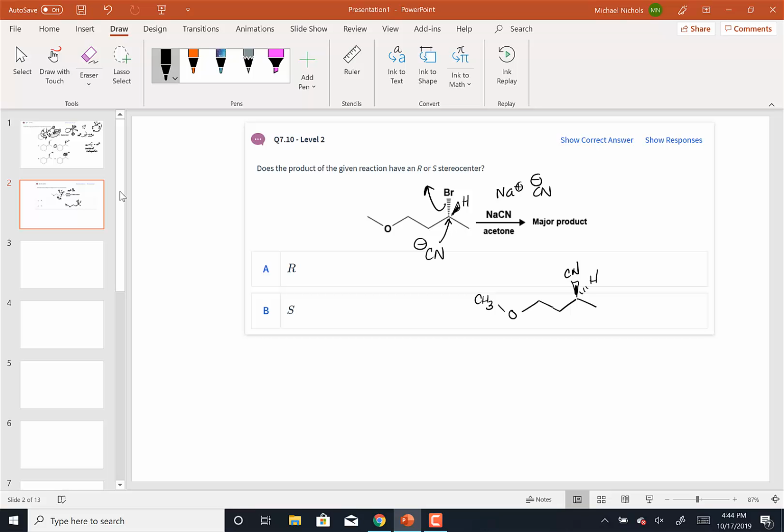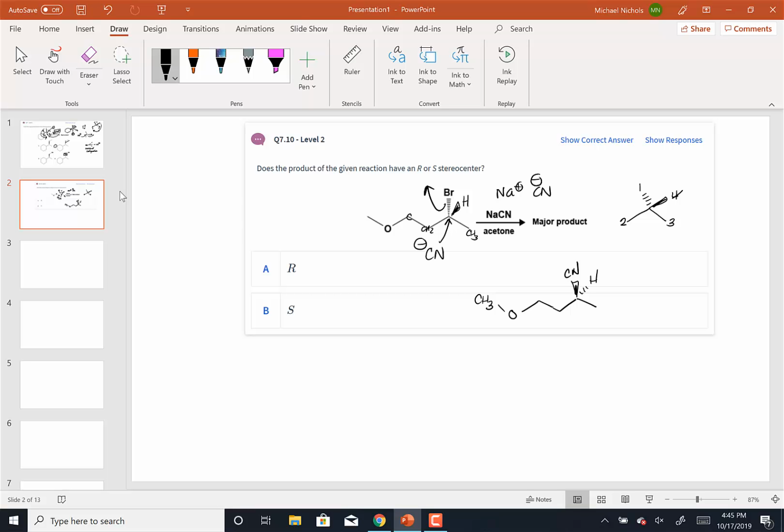Now, let's do the R and the S just to make sure that that's the case. So over here in the product, I'm going to write my bonds in their orientation. Hydrogen is number 4, bromine is number 1. CH3 versus a CH2 with a carbon attached to it. That's going to be group number 2, the CH2 with the carbon, versus 3 hydrogens. Now, is the 4 group pointing away from me?